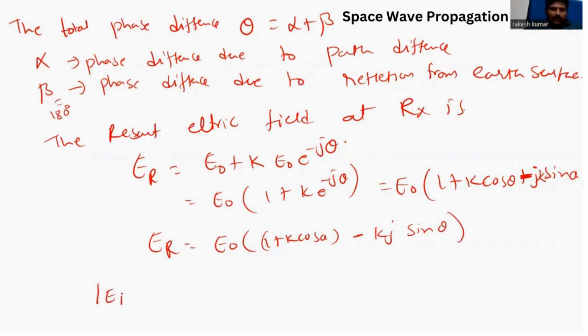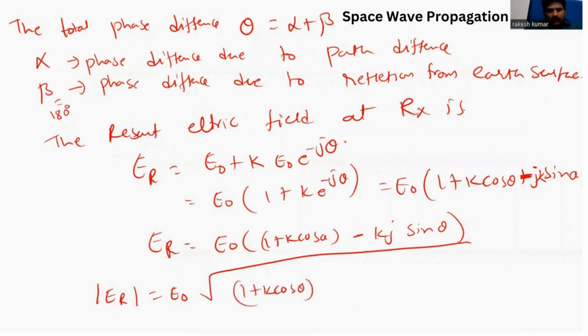So the mod of ER is E naught into root of, the real part being 1 plus K cos theta whole square, plus K square sin square theta.